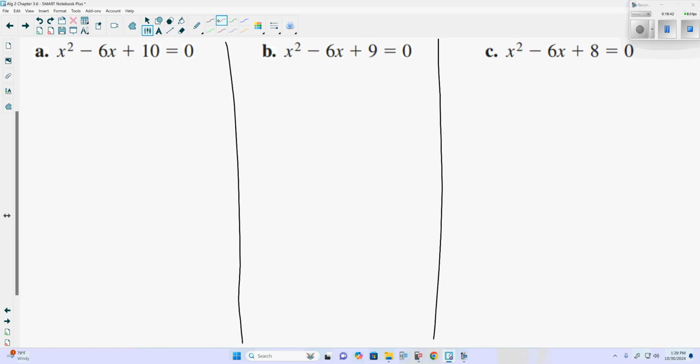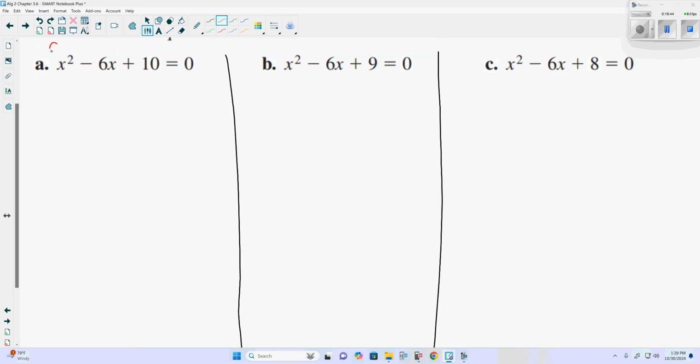Now the first one is this here. Now with these, we still have to get them equal to 0 and go from there. x squared minus 6x plus 10 is equal to 0. Well, our value of a is what? 1. The value b is -6, and c is 10. So finding the value of the discriminant, we just need the value of b squared minus 4ac.